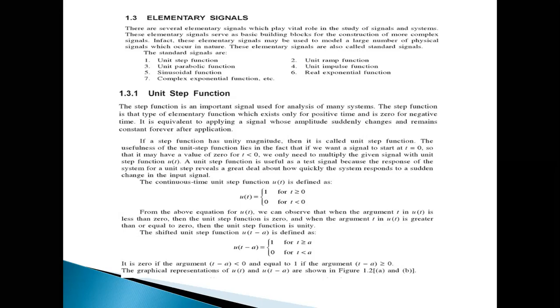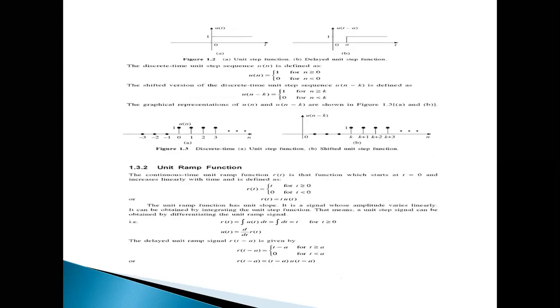Okay. Now, these are the two equations for the step function, and the step function delayed or shifted by A samples. Coming to the graphical representation, you see here at the reference t equal to 0, it has only positive values, there are no negative values.